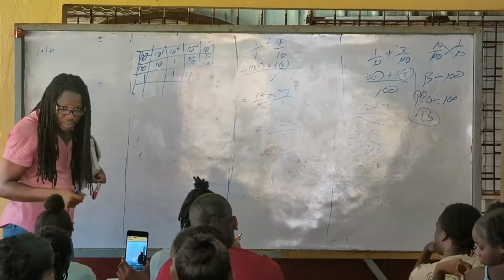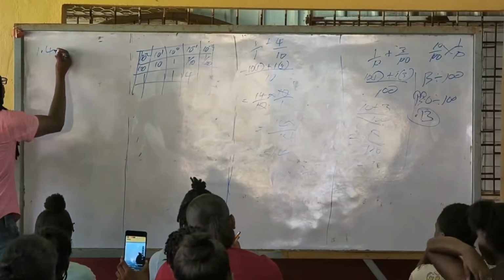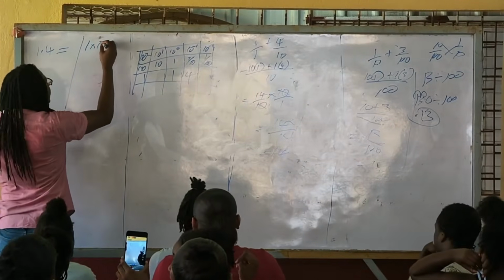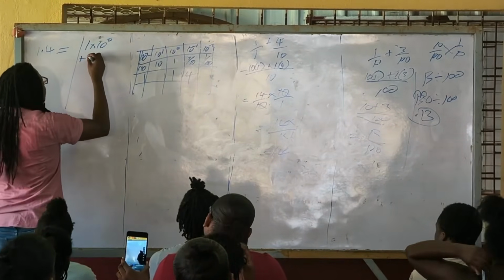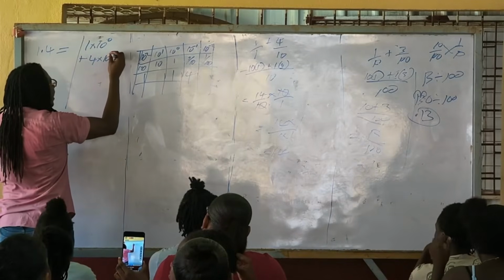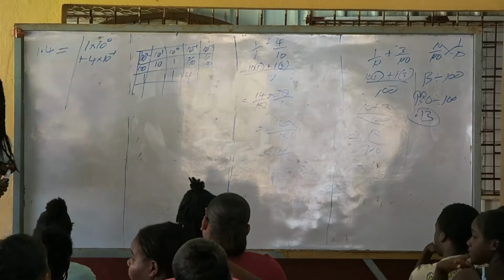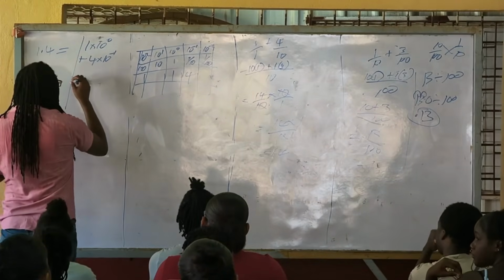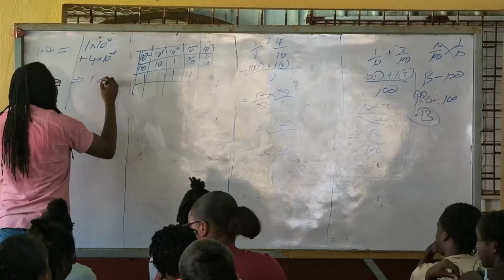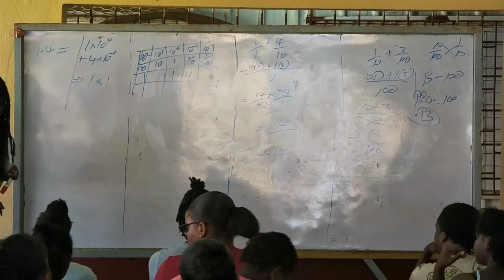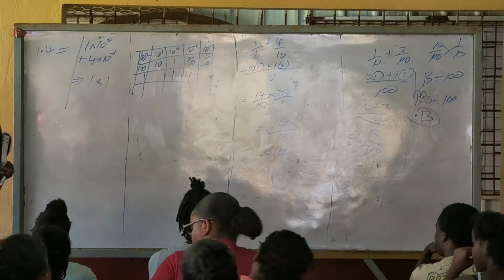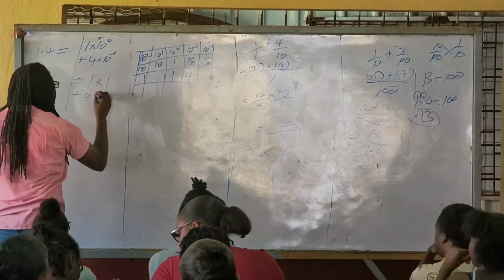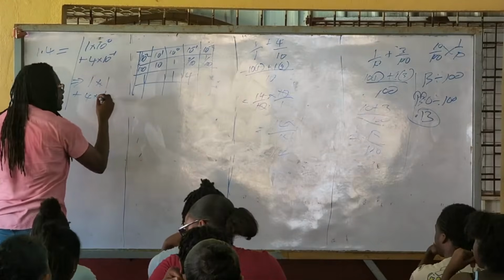So it's going to be equal to 1 times 10 to the 0 plus 4 times 10 to the minus 1. Are you seeing that so far? That implies 1 times 1, because 10 to the 0 is 1. Any number raised to the 0 is what? Plus 4 times 1 over 10.